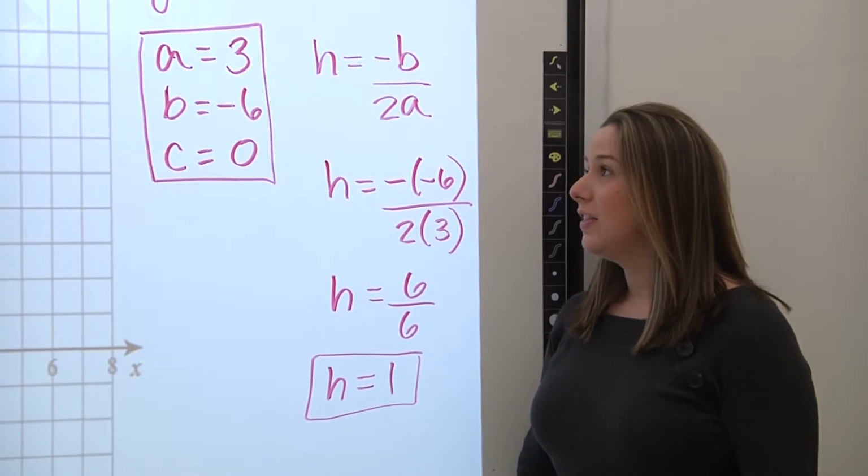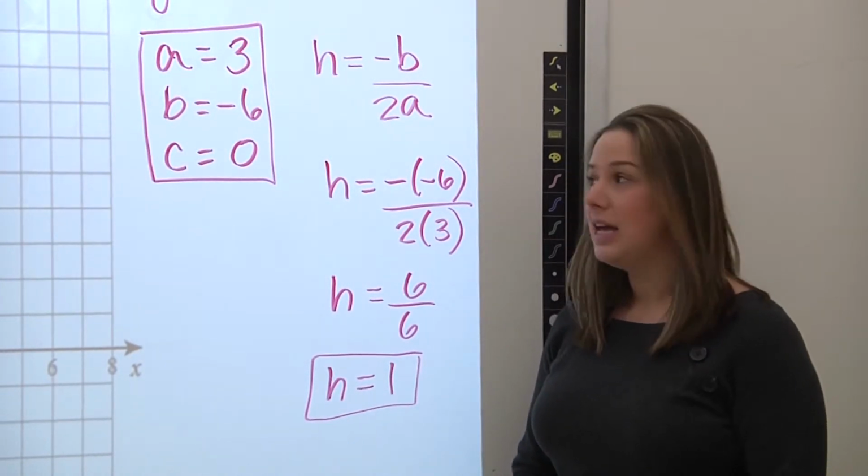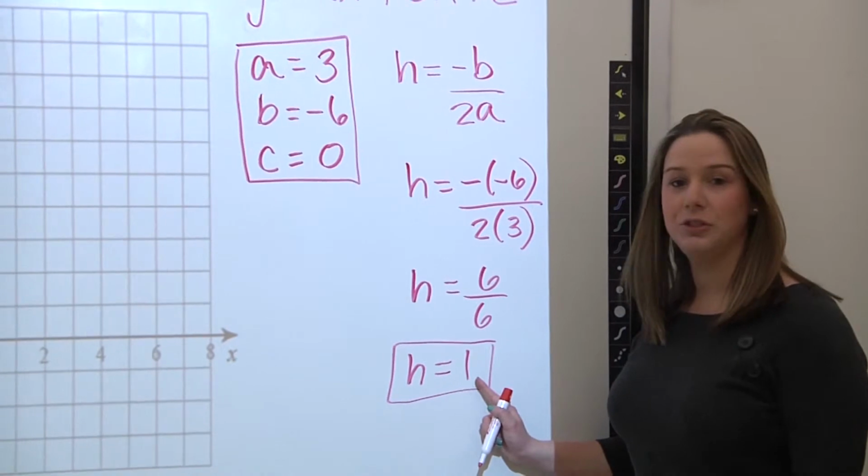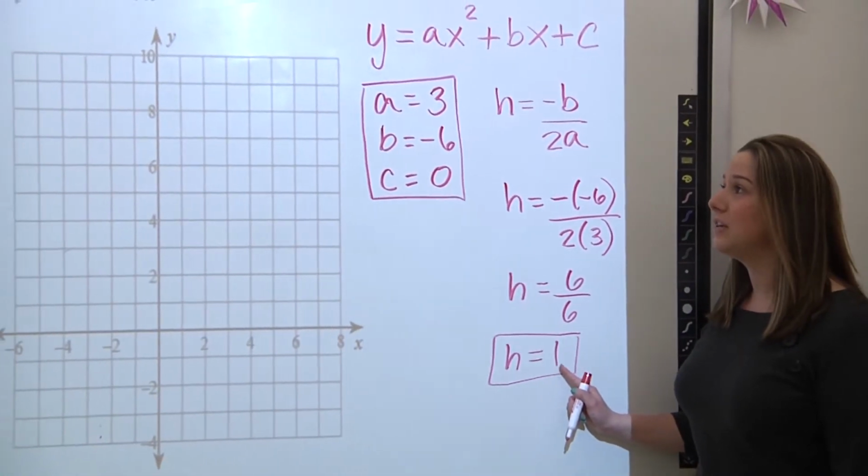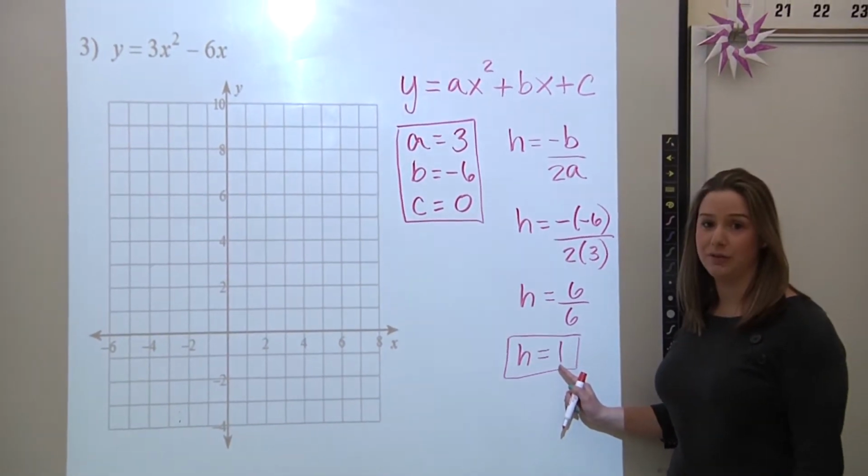The last step is to find the k value. In order to find the k value, we're going to substitute our h value of 1 into the original equation for x and solve for y.